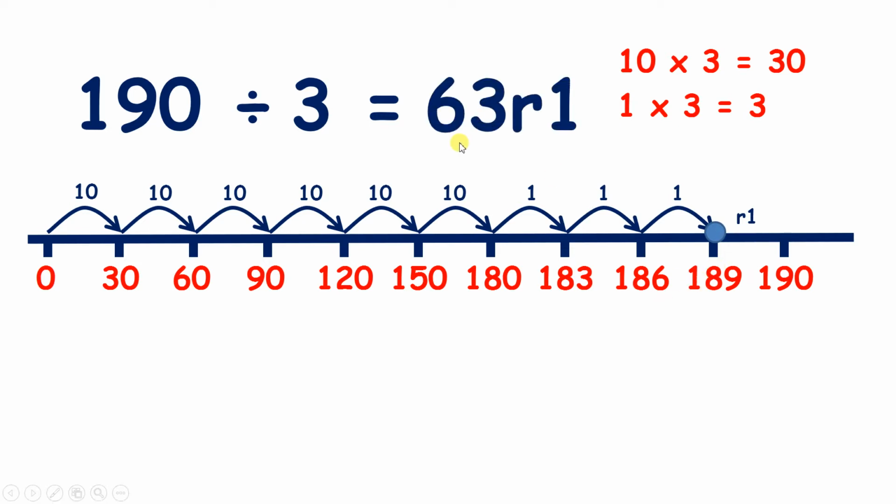So altogether, we counted on 63 steps of 3, then counted on 1 more. So 190 divided by 3 equals 63 remainder 1.